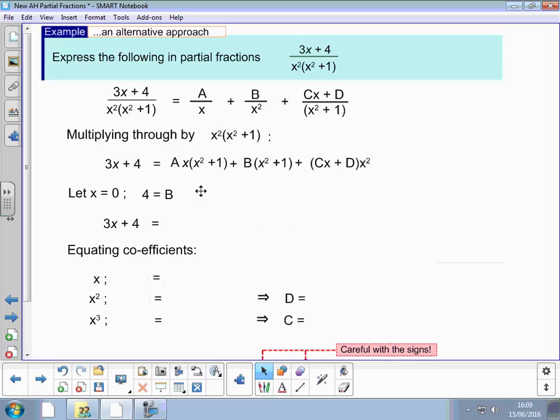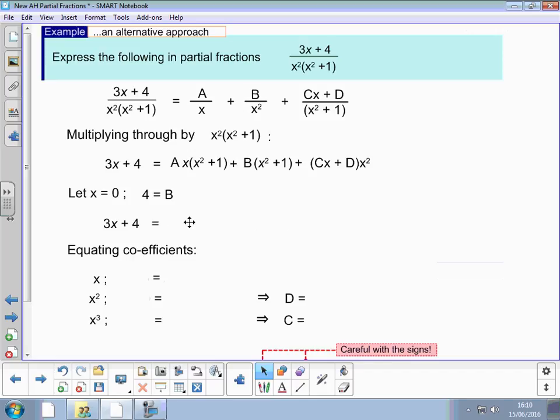Now at this point, if you look through it, there isn't really any obvious values we can choose to replace x with that would allow us to make much progress. If we pick -1, for example, when we square it, isn't going to be very helpful here. So we need to tackle it slightly differently. And the method we're going to use is we're going to look to equate the coefficients of each term.